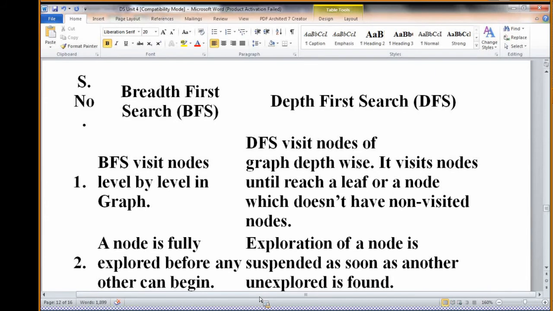This is the main difference between DFS and BFS. DFS will visit depth wise from root to leaf node, meaning a node that doesn't have any adjacent nodes. But BFS will visit level by level.